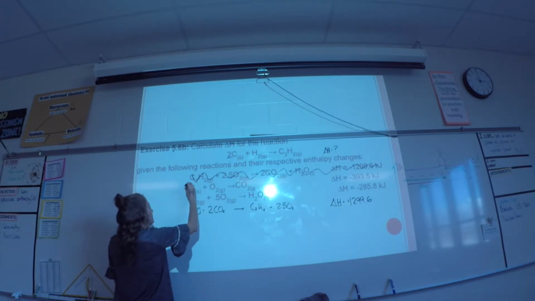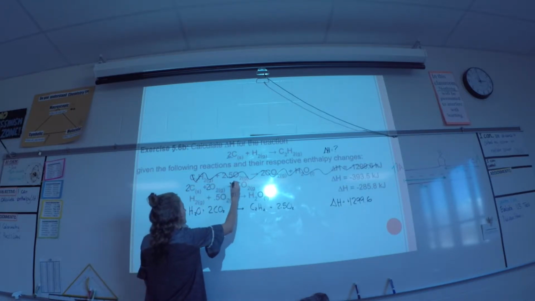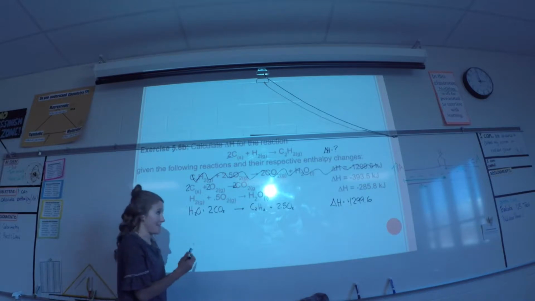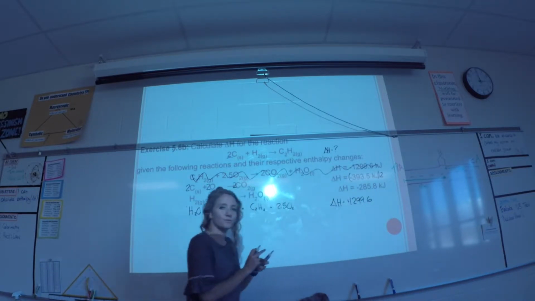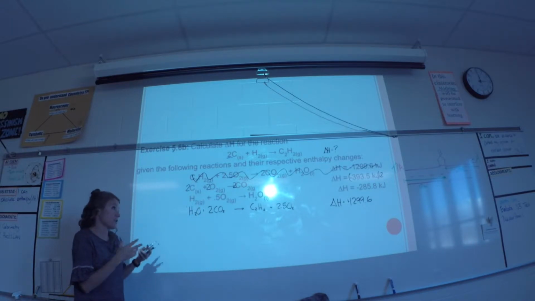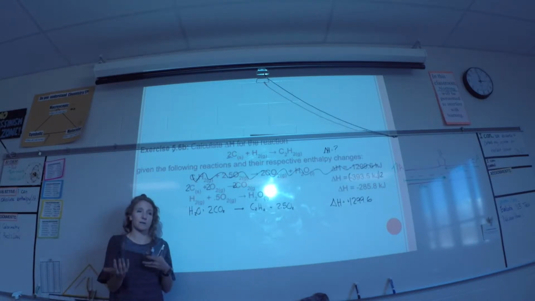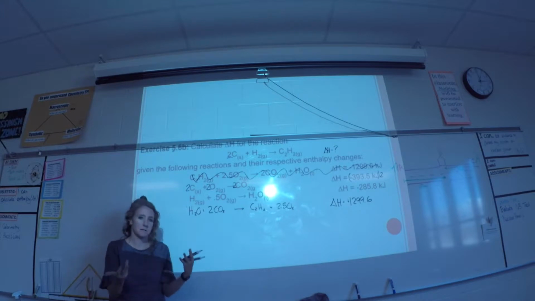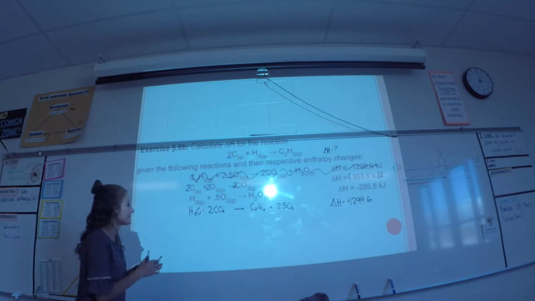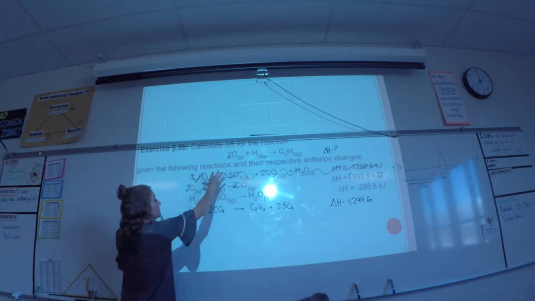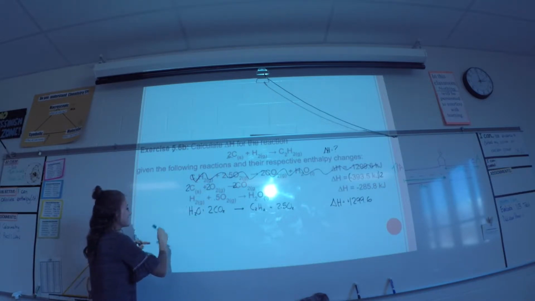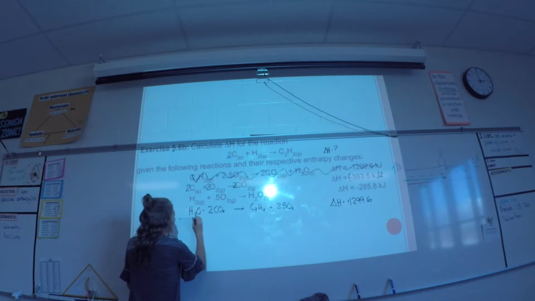So we're going to put a 2 there, a 2 there, a 2 there, and then multiply this by 2. Because, like in math, as long as I do it to one side of the equation, when I do it to the other side, you'll get the same answer. Okay? All right, I think everything now matches piecewise up here, so now let's add them together and see what cancels out.